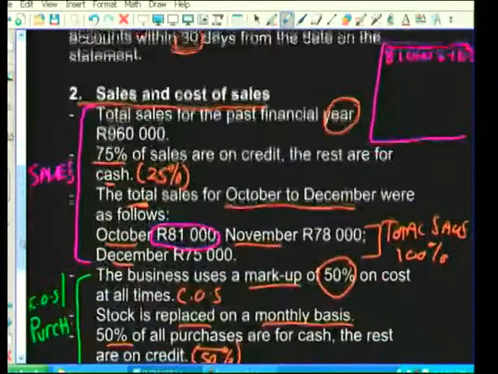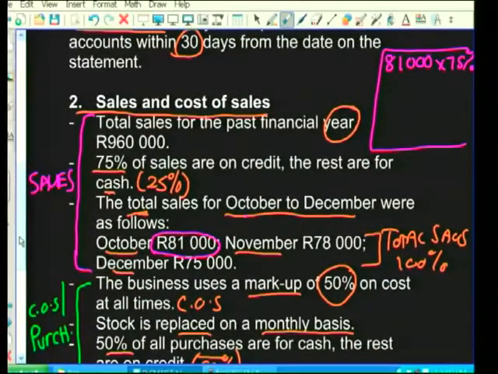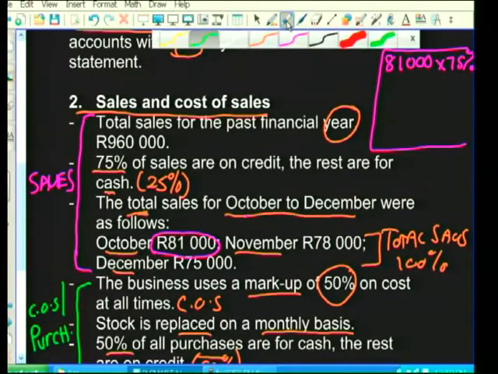So for that, let's go back to our information. Okay, so remember, guys, we're dealing with sales. So it's going to be somewhere here. Total sales, don't want that. Let's go to the bottom here. The total sales for October to December were as follows. October, 81,000. So again, guys, that's my total sales.